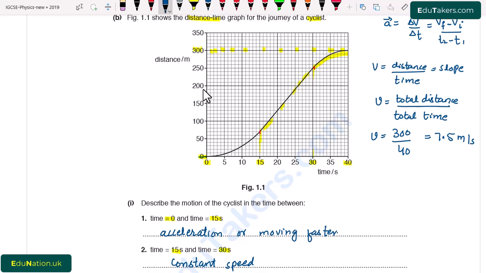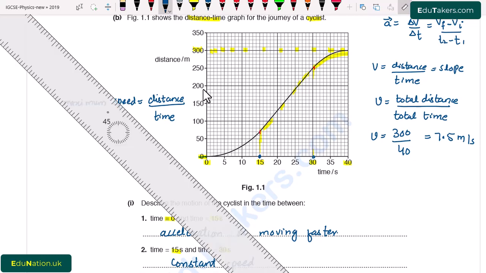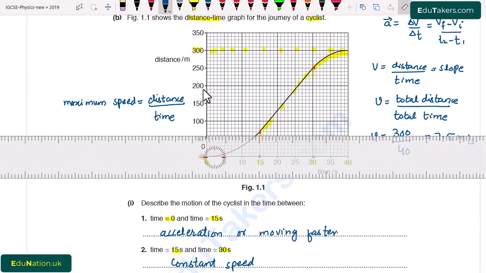So I write here the maximum speed will be equal to distance divided by time. First of all, here time is 30 seconds and first time is 15 seconds. We have to find out its corresponding distance value. By using the ruler, I draw a line on the y-axis.